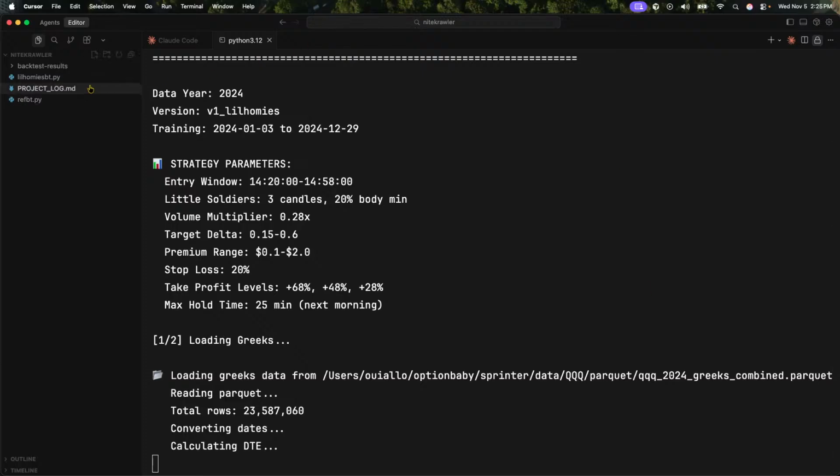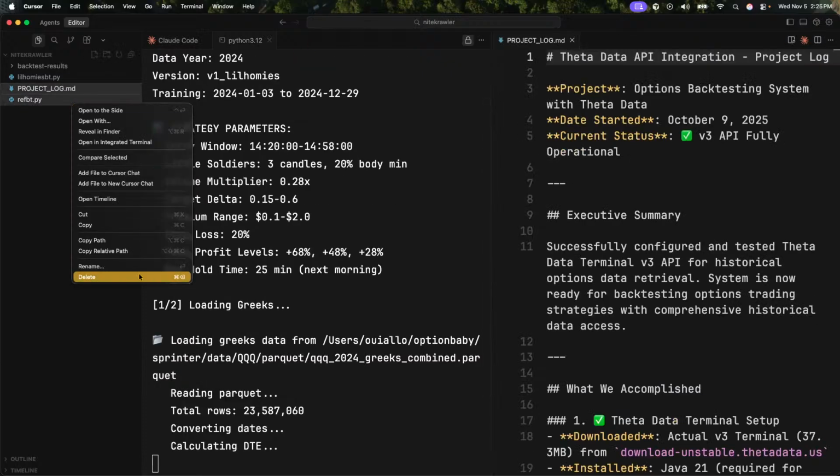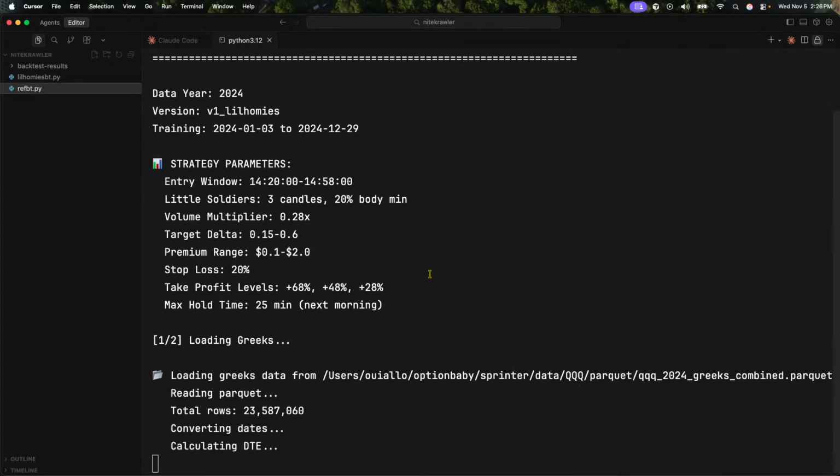You know what I can do is I don't need these files right now, so I can delete them and leave what I do need, and that's the homies. We are waiting for this to load.